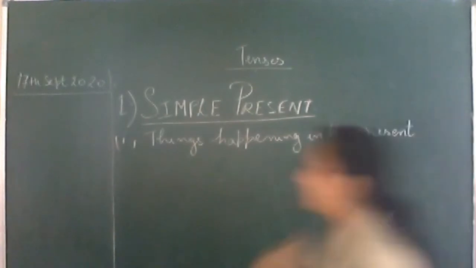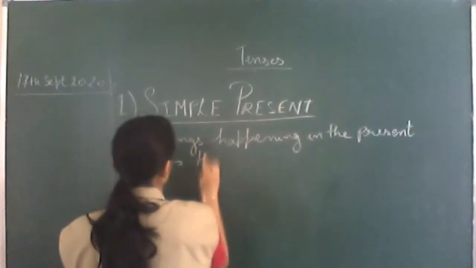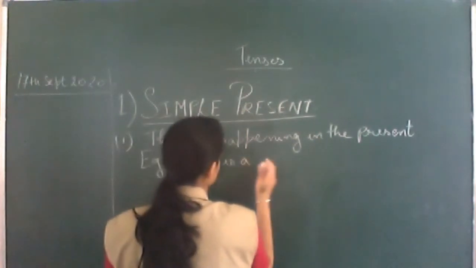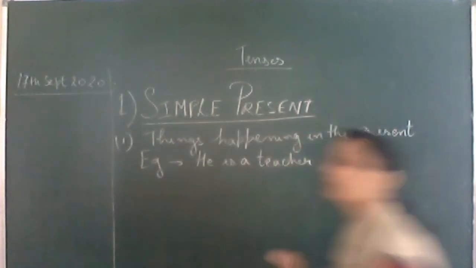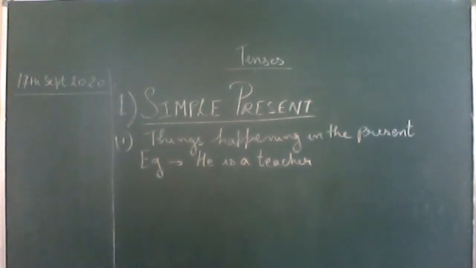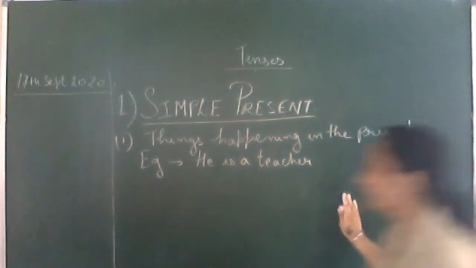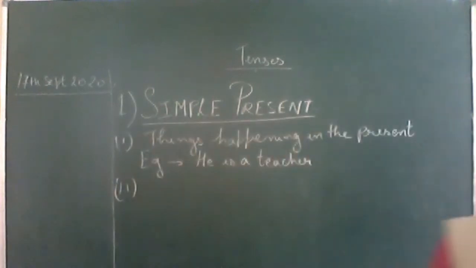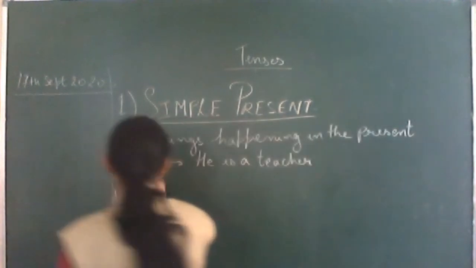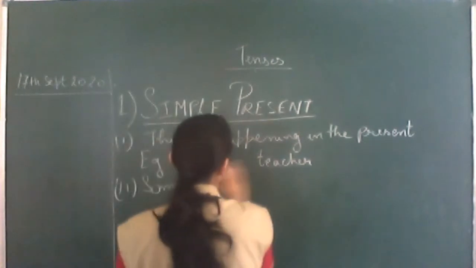For example, he is a teacher. This is just a simple present tense. The second rule is something that happens repeatedly. For example, he goes to school.